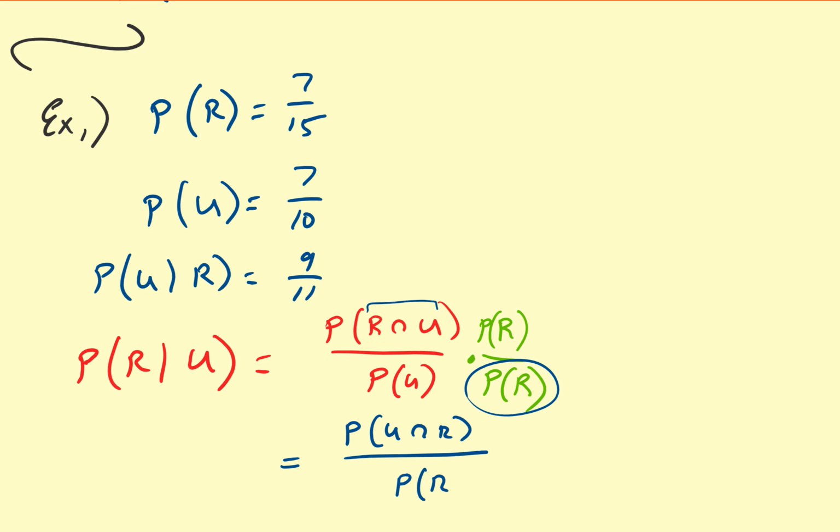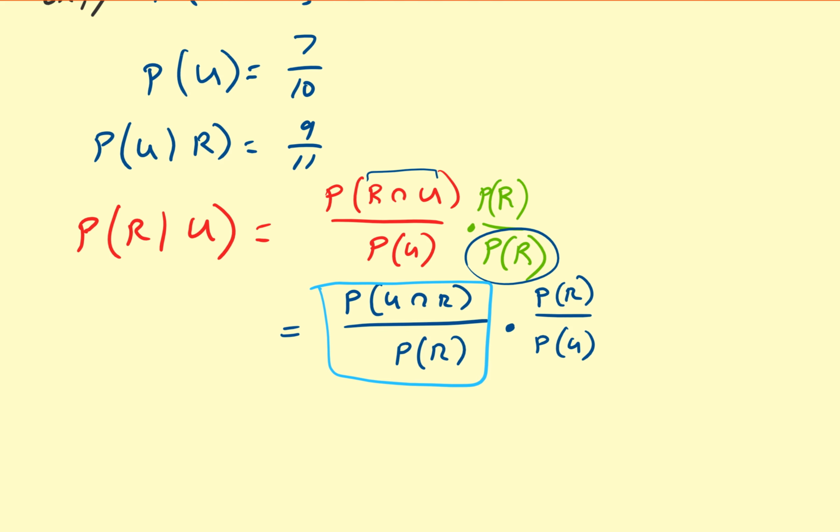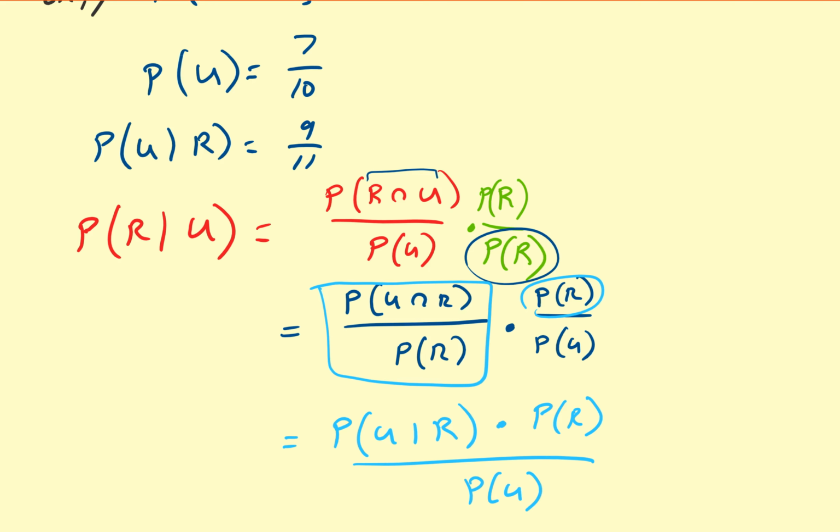So probability of R times, and I have that probability of R there, and I have the probability of U still on the bottom. Now, what exactly is this? Well, that's the conditional probability of U, assuming R has already occurred, by definition. And then we have this probability of R on top, and then we have the probability of U on bottom.